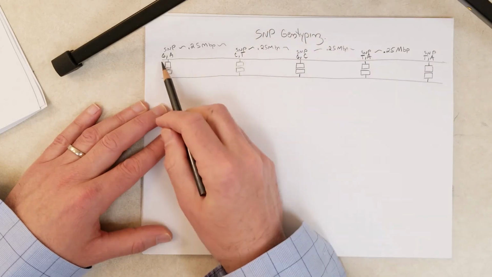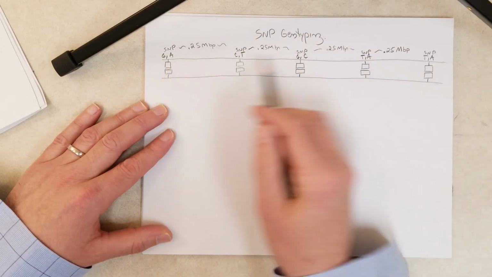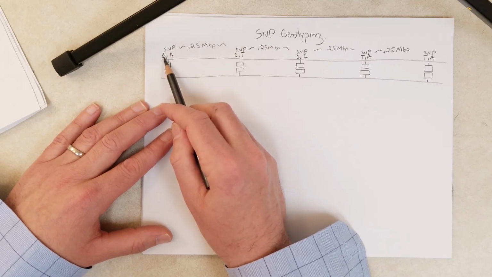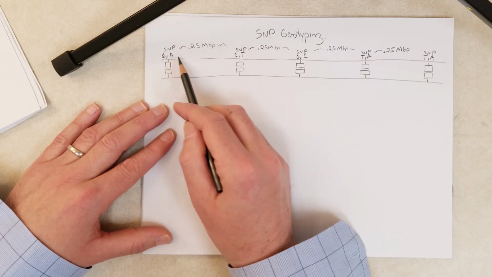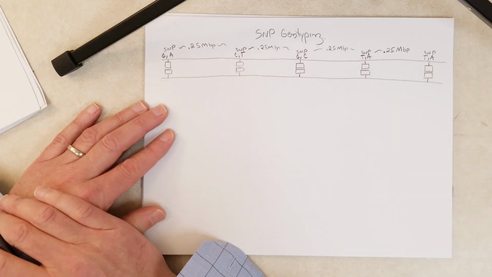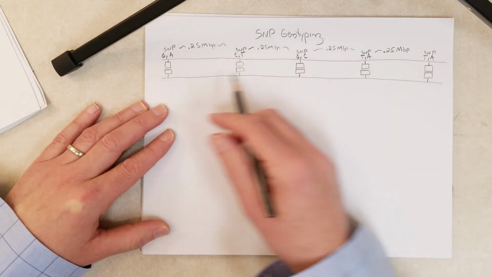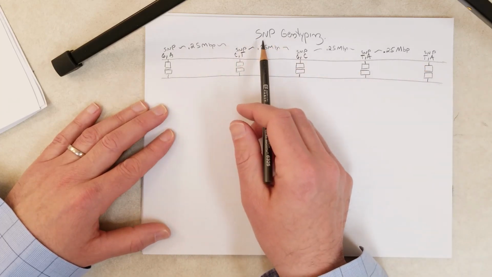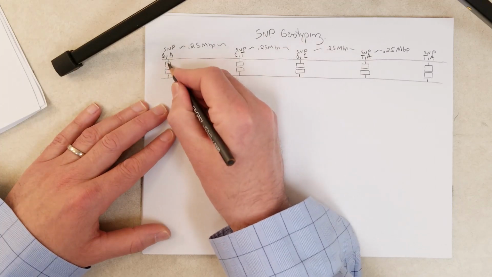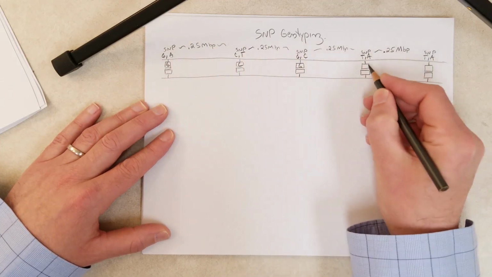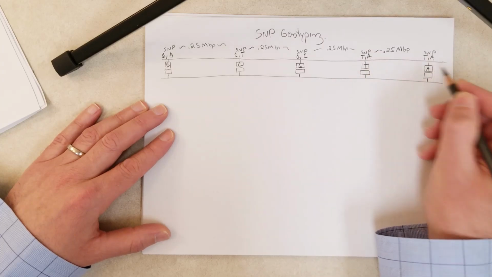So let's assume this is a G allele and an A allele. The first one I put is the major allele. The second one is the minor allele. Each of these SNPs is represented by a major allele and a minor allele. And let's say we have an individual here, and we do some SNP genotyping. We determine there's a G here and a C here, and let's say there's the major allele at every one.